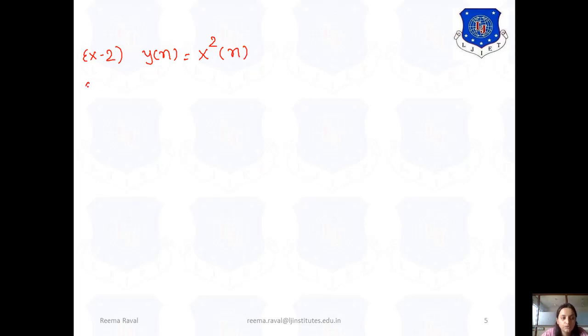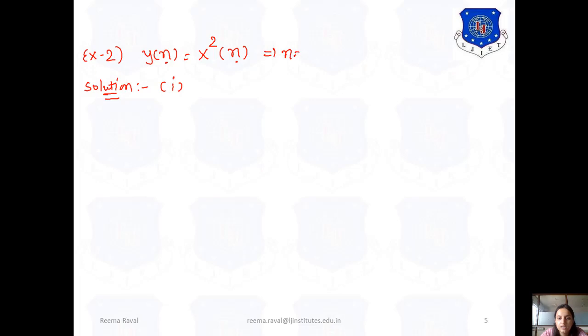So for this, let's start with the solution. Our first property is to find out whether the given system is static or dynamic. For that we need to see whether the given instant depends on the future values or past values or not. If it depends on that, it will be a dynamic system, otherwise it will be a static system.